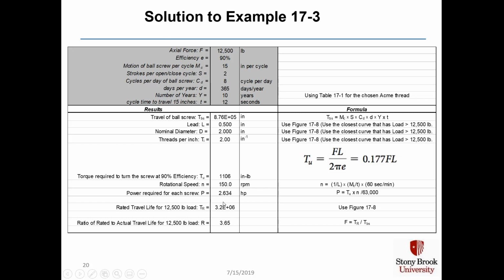And the power then required for each one of these screws is 2.634 horsepower. The rated travel life for 12,500 pounds load is 3.2 times 10 to the 6th inches. And the ratio of rated to actual travel life is 3.2 times 10 to the 6th divided by 8.76 times 10 to the 5th, which is a ratio of 3.65.